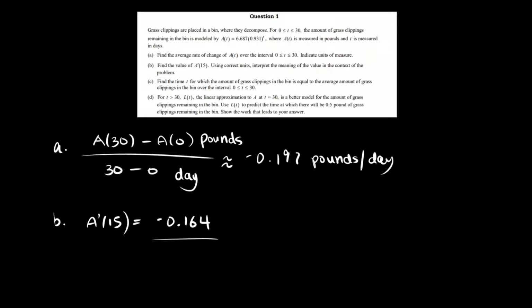So what does this value mean in the context of the problem? Remember, the derivative of a function, in this case the derivative of A of t, shows whether that function is increasing or decreasing. Here, because the derivative of A of t is negative, we know that A of t is decreasing.